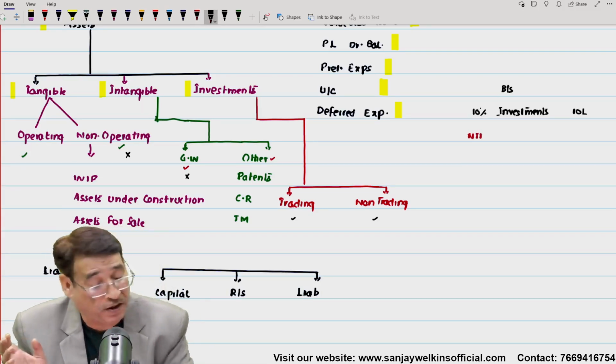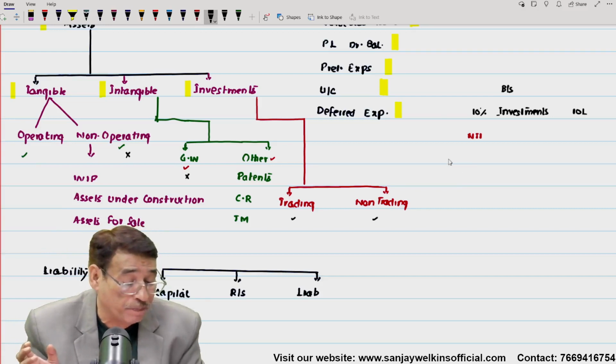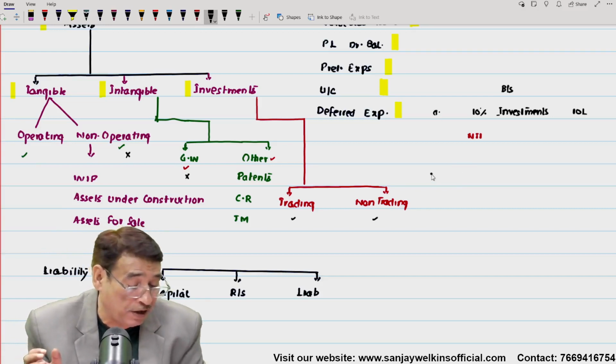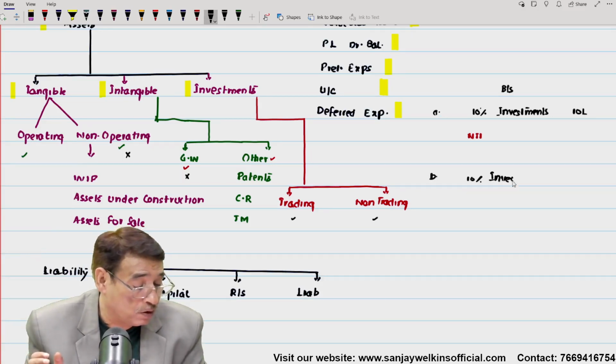I give you another example. Suppose in the balance sheet, it is written in this manner: 10% investments in government bonds.